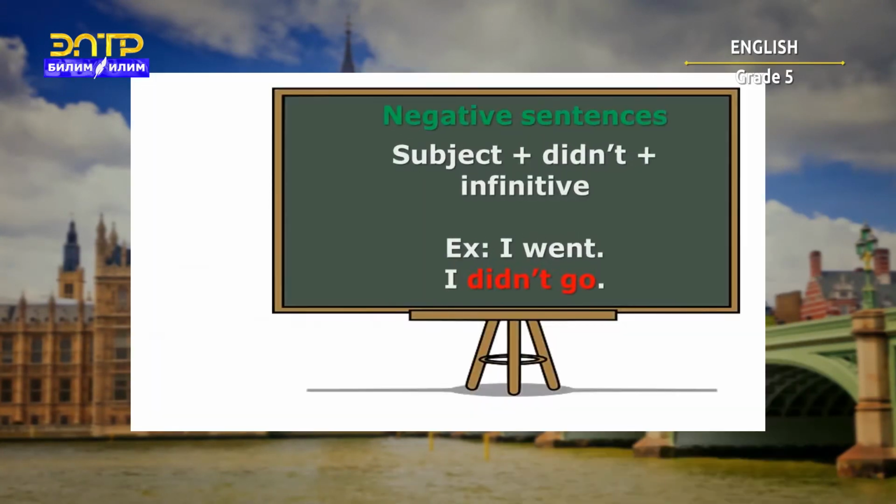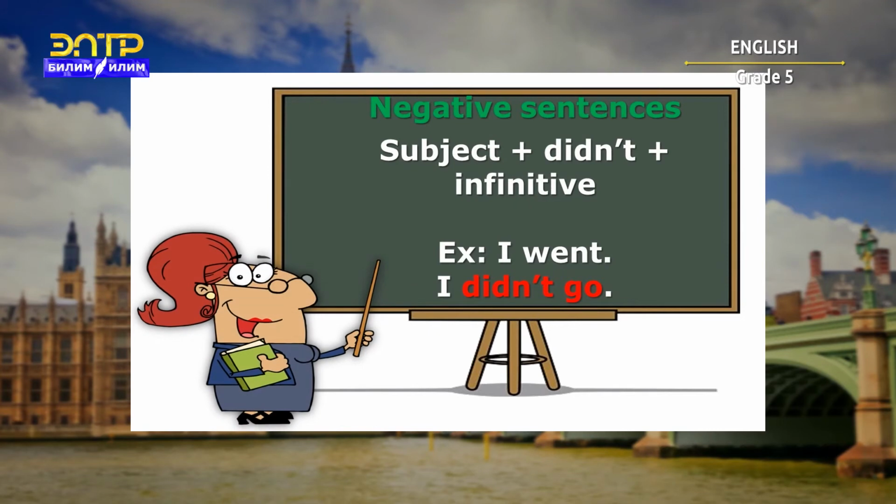So, we have used the past form of irregular verbs for affirmative sentences. And what about questions and negative sentences? When we go to the negative sentence, it's the same principle as we learned for the regular verbs. We're going back to the base form of the verb.